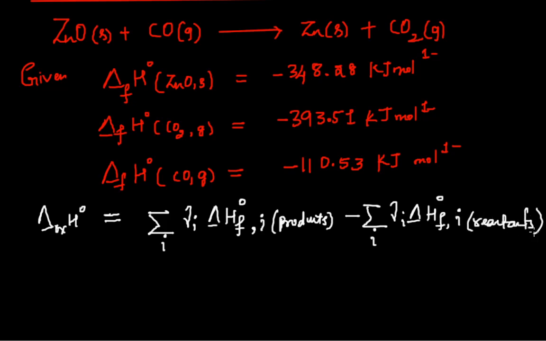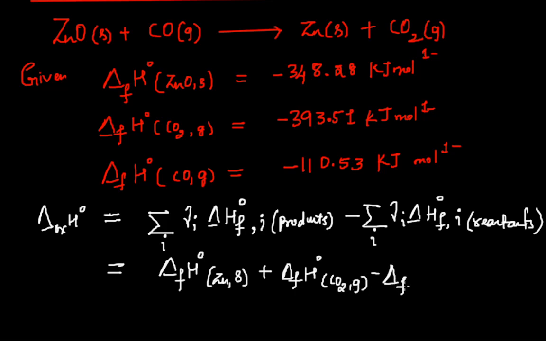reactants, right? Okay, so in this particular reaction, it seems like all the stoichiometric coefficients are unity, 1, and therefore it will be delta H formation of ZnS plus delta H formation, okay.